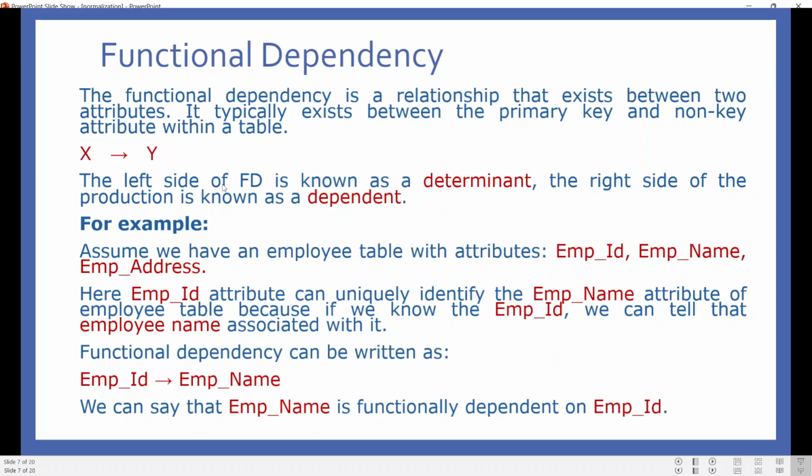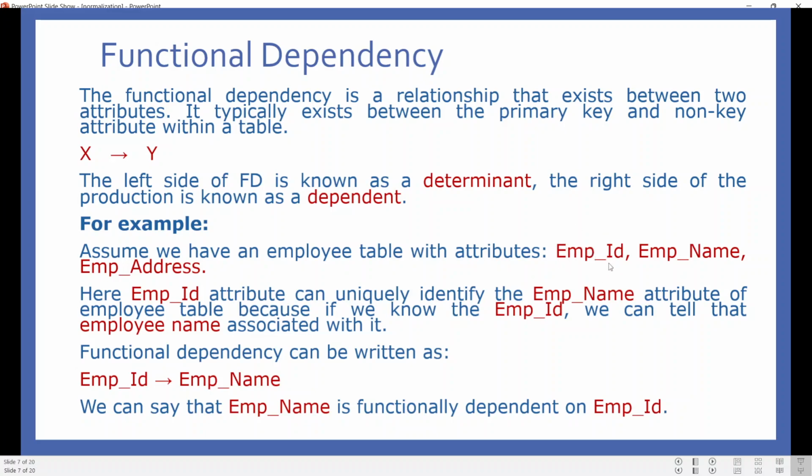For example, take an employee table, which has the attributes employee ID, employee name, and employee address. As you know, employee ID is a primary key. So by knowing employee ID, you can easily find employee name. That means employee name depends on the attribute employee ID.